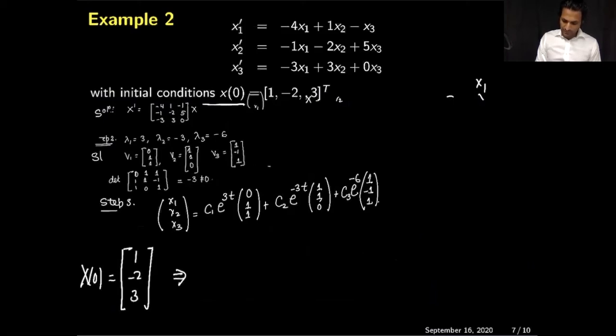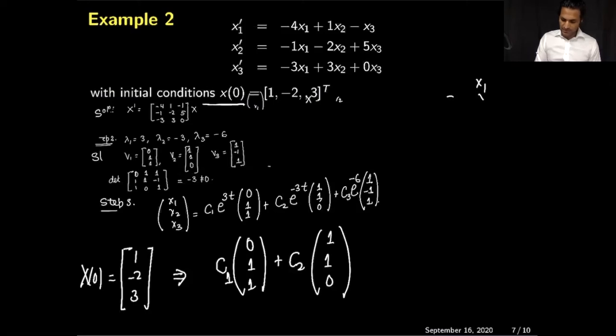If I plug in 0, e to the power 0 is 1, so I get (0, 1, 1) times c1, plus (1, 1, 0) times c2, plus (1, -1, 1) times c3, and this is equal to the vector (1, -2, 3).